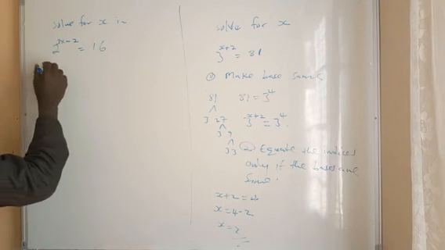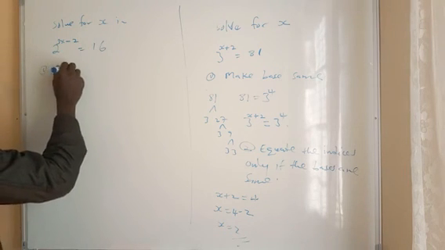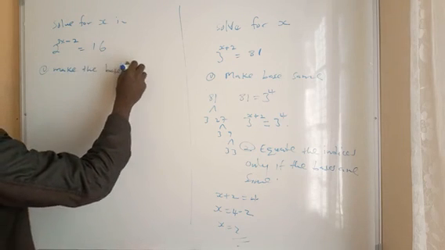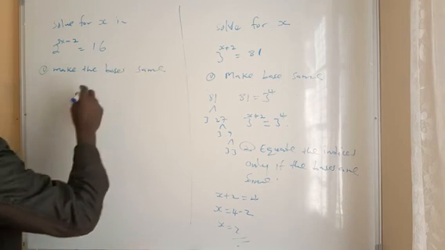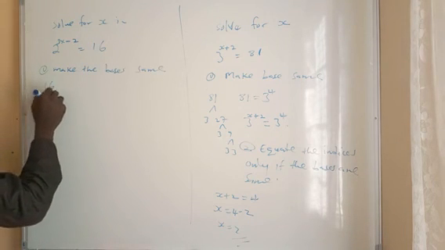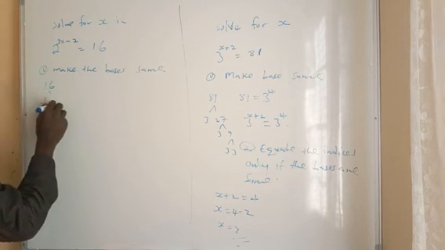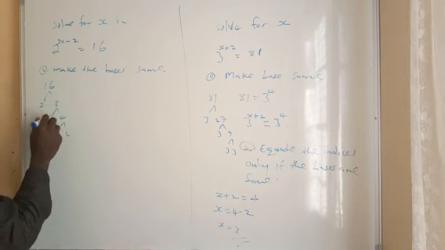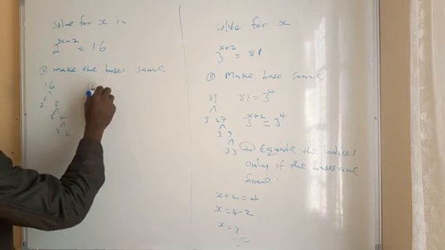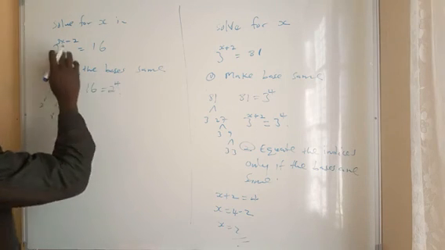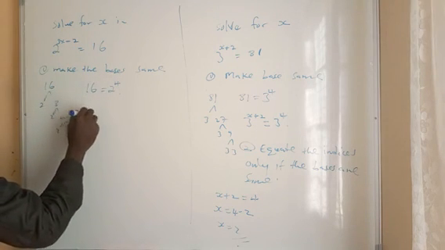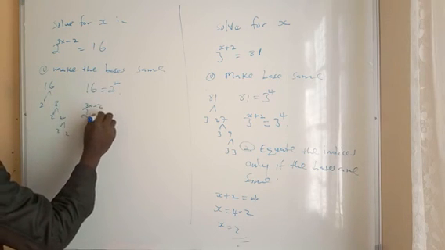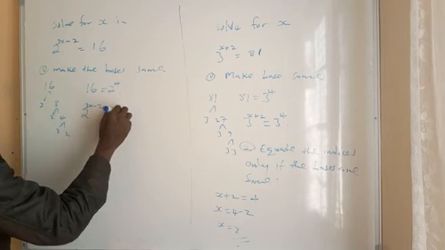The bases are not the same, so number 1, make the bases the same. Find the factors of 16 with respect to 2: 8, 2, 4, then 2, 1, 2, 3, 4. So 16 is equal to 2 power 4. So we have 3 power 3x minus 2 is equivalent to 2 power 4.